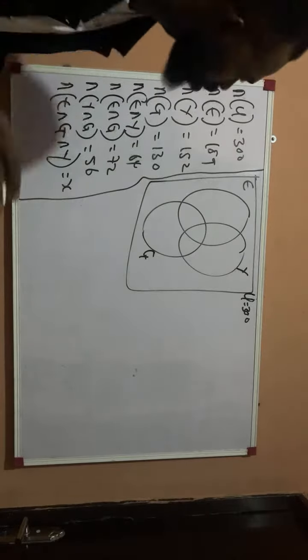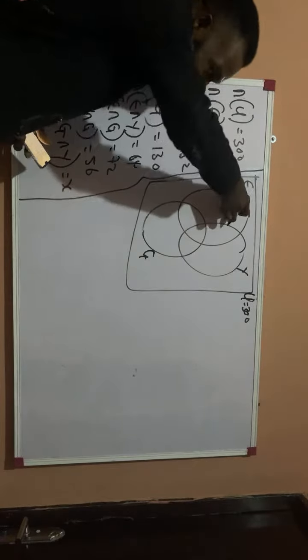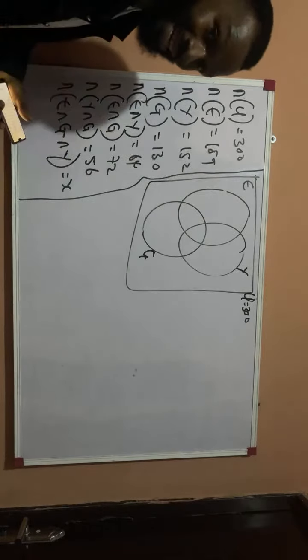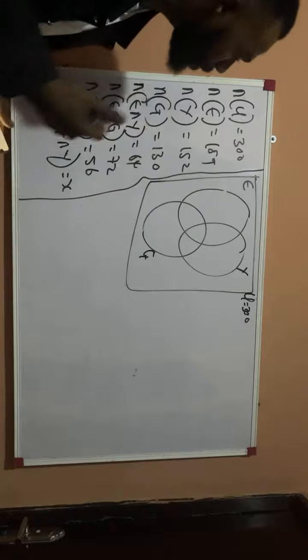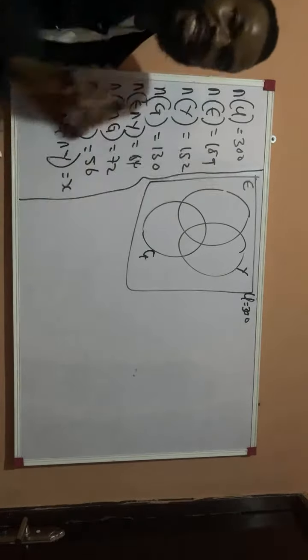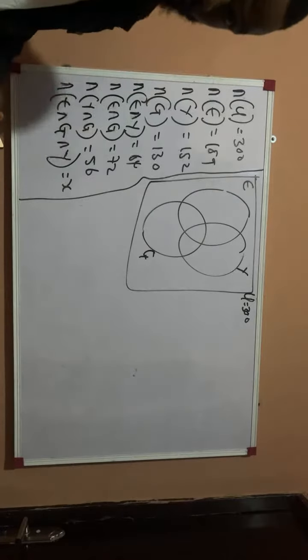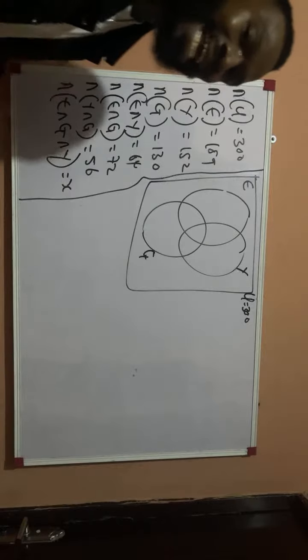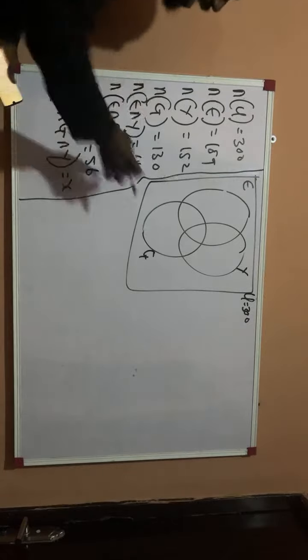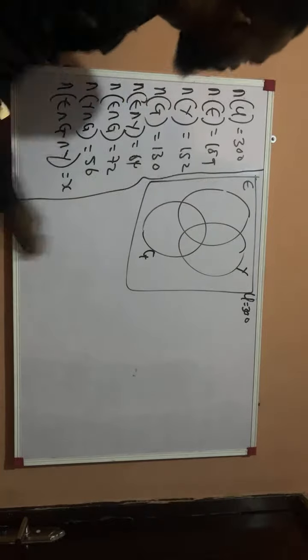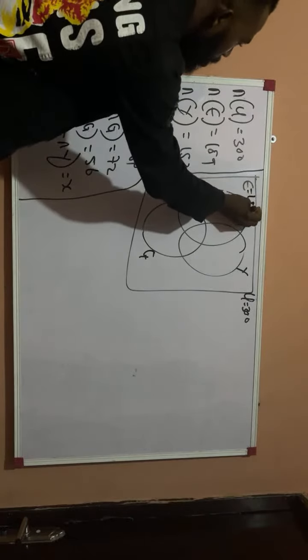Now, if you as a student put 189 here, you are wrong. Because when we started the class, we said that there's a difference between the number of students that love Efik dance and the number of students that love Efik dance only. If they had said that only 189 viewers love Efik dance, then 189 would be inside. But because only was not mentioned, it means our 189 would be outside.